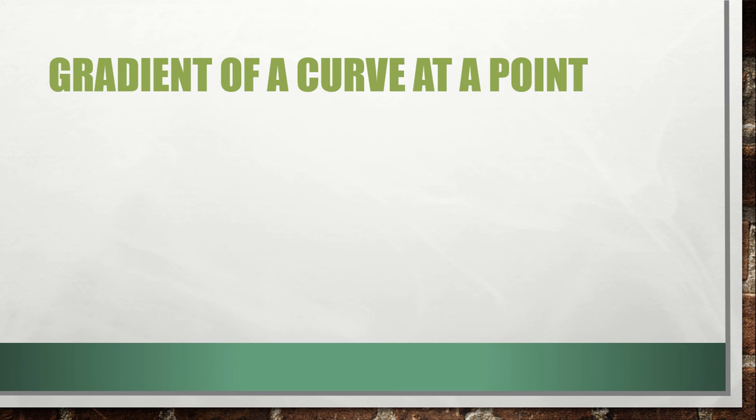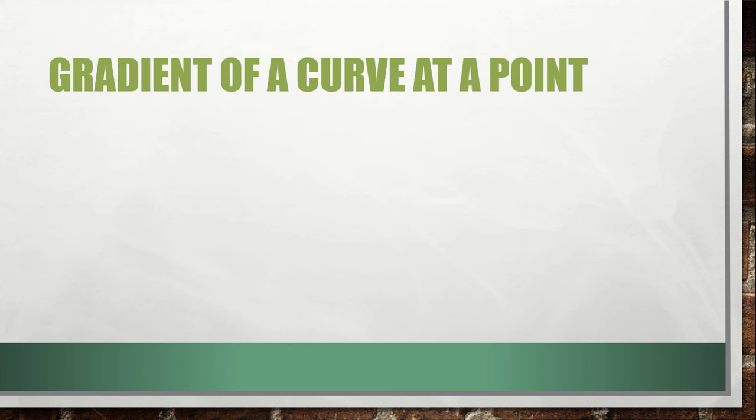Now, you have learned how to get gradients at different points, but in this case we should learn, I believe from a science point of view, chemistry, biology, physics, that not all lines that you get gradient from are straight lines.